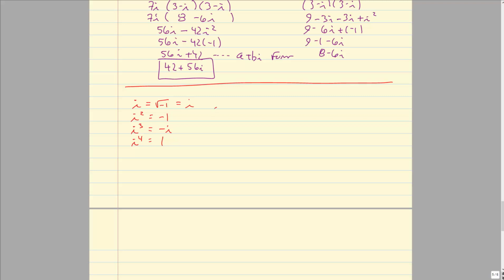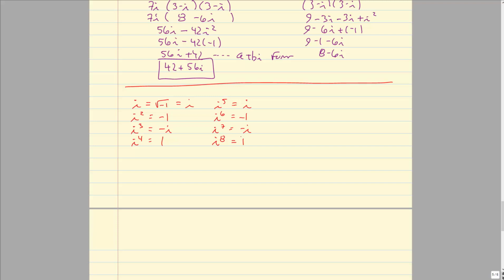Now i to the fifth starts this whole process over again because I have an i to the fourth, which is 1 times i. 1 times i is i. i to the sixth, and again, what we can look at here is just i to the fourth, i squared. So that would be 1 times i squared. 1 times negative 1 is negative 1. i to the seventh is going to be a negative i. i to the eighth is i to the fourth times i to the fourth, which is 1 times 1, which is 1.